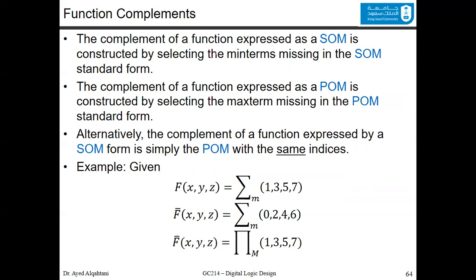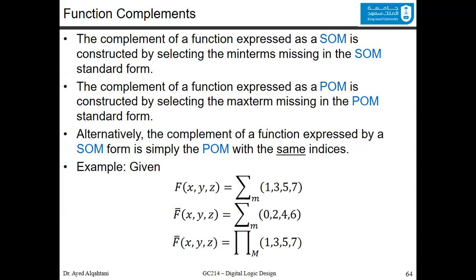The complement of a function expressed as a sum of minterms is constructed by selecting the minterms missing in the SOM standard form. And the complement of a function expressed as a product of max terms is constructed by selecting the max terms missing in the POM standard form.